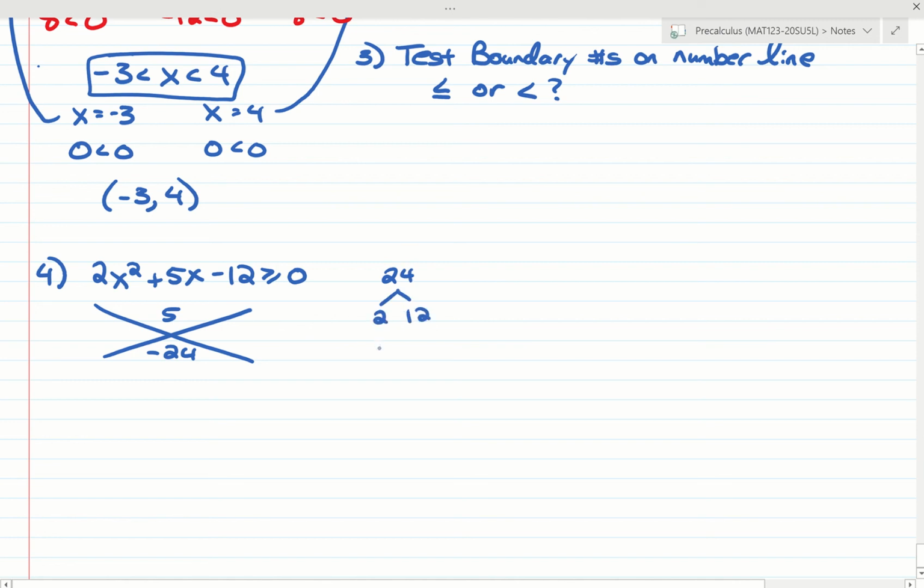What else goes into 24? We have 4 and 6. No. 3 and 8. 3 and 8 would work, right? So if we have to get -24 and +5, I would use +8 and -3. So this would give us 2x squared plus 8x minus 3x minus 12 is greater than or equal to 0.